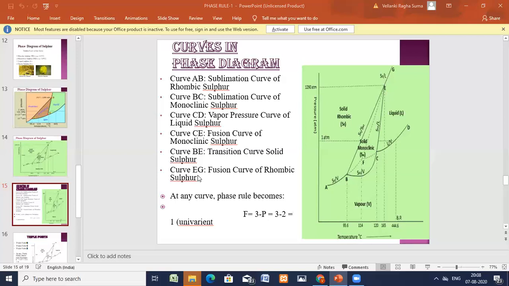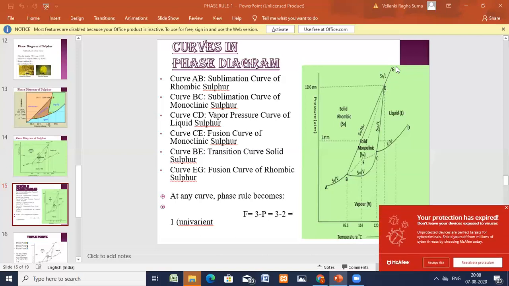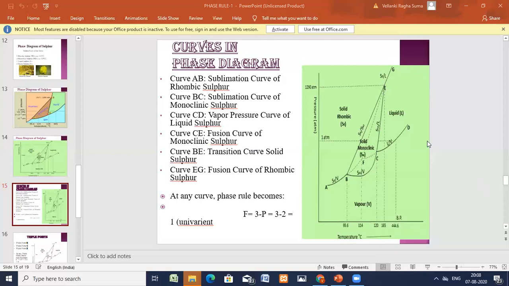Now EG. EG is the fusion curve. So similarly, you are having two fusion curves. One is the CE fusion curve, CE, solid to liquid: fusion of monoclinic sulfur to liquid sulfur.